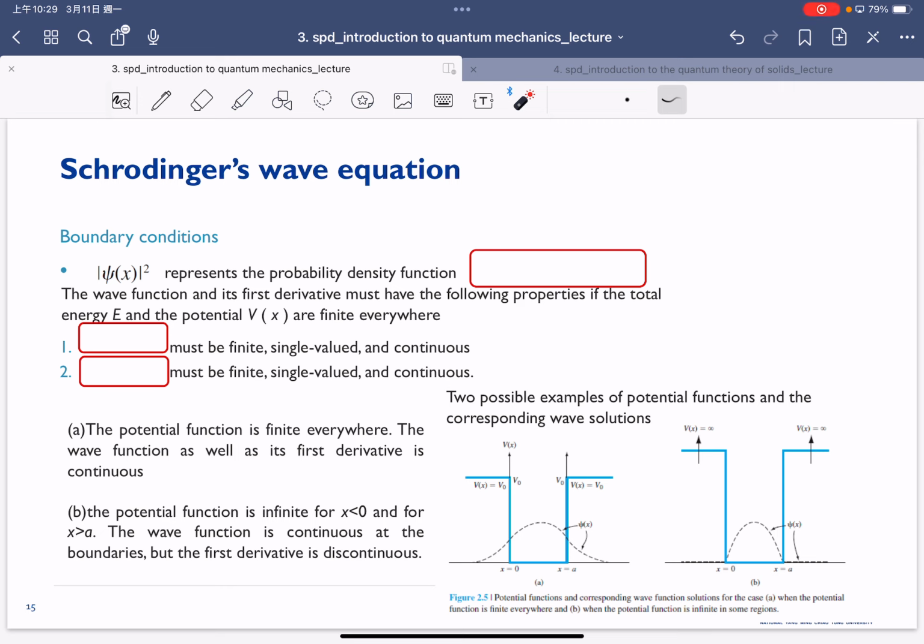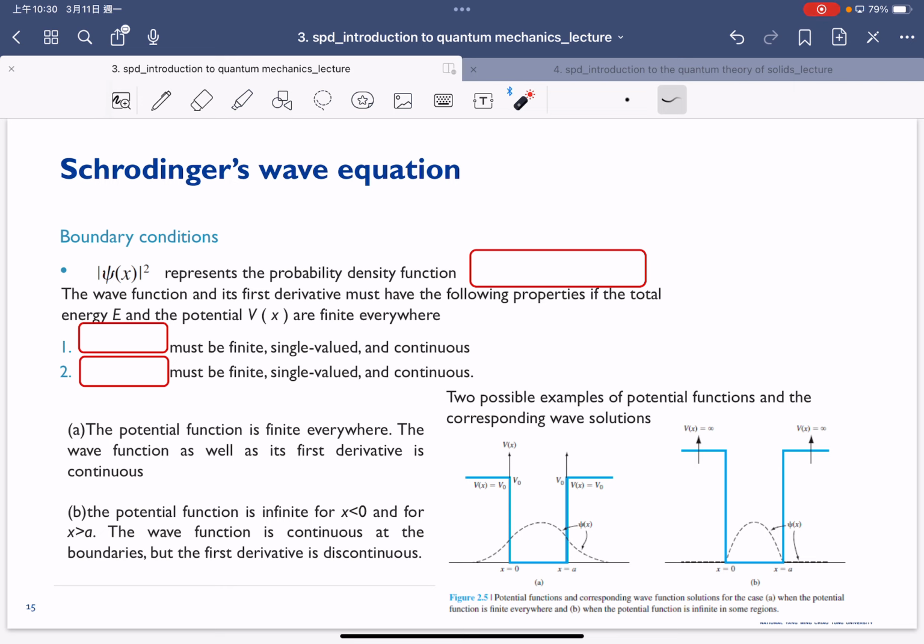Okay, so let's get something more about how to further derive the equation. You remember that so far we haven't moved on to the previous 4 cases. The previous 4 cases are exactly the cases that we want to understand, but we are still in the fundamental part to understand the application of the wave equation.